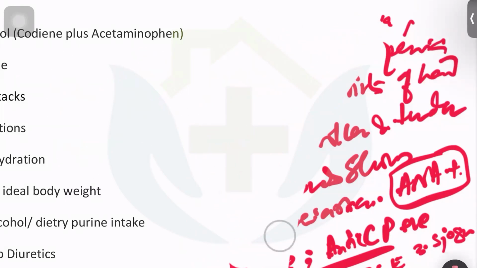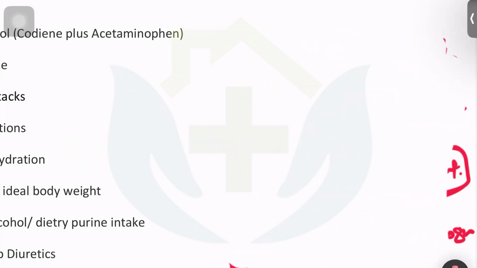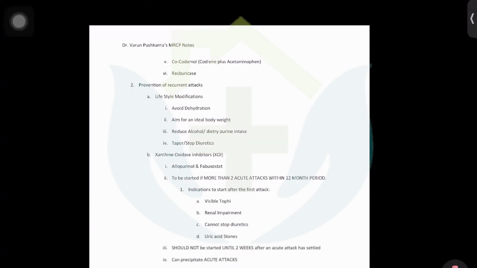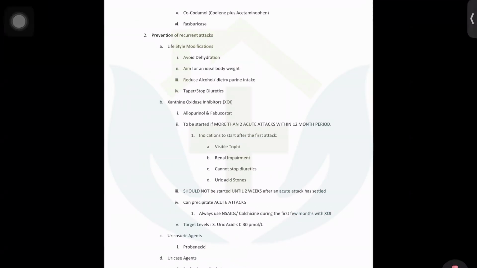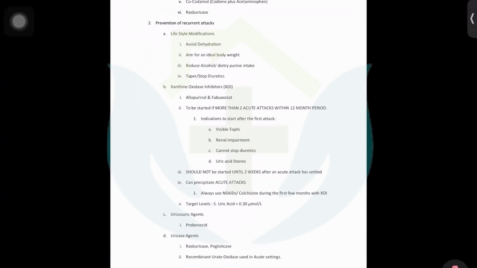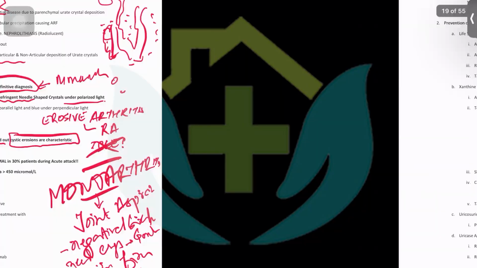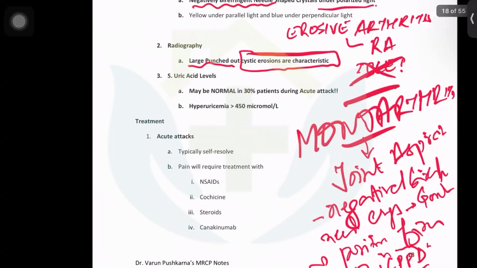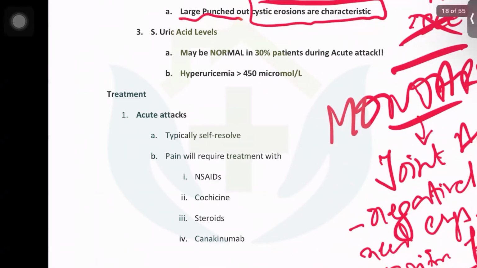Sir, why is there a skin rash? Rheumatoid arthritis can also have rash, because of small vessel vasculitis usually.